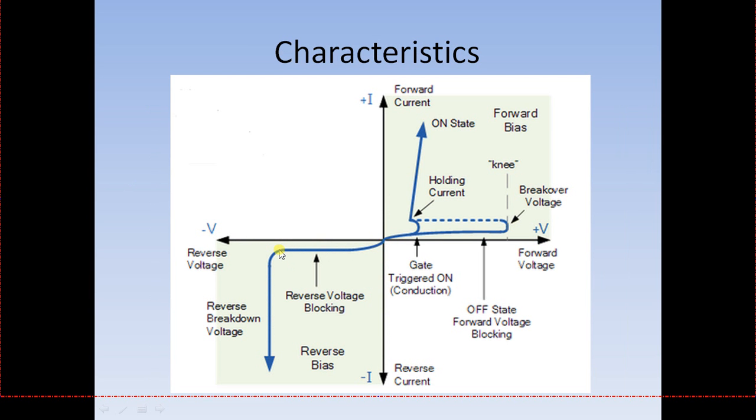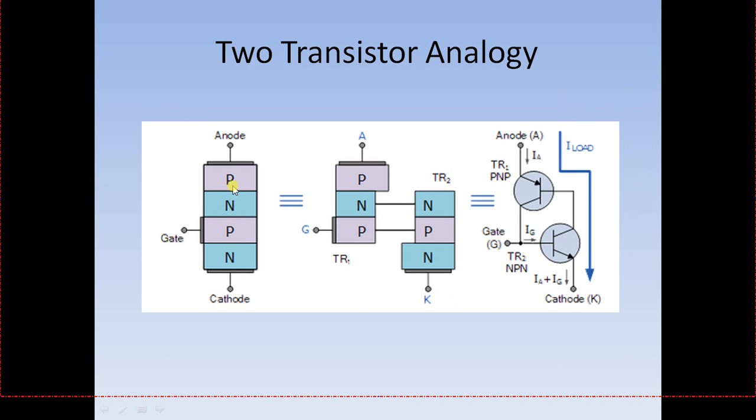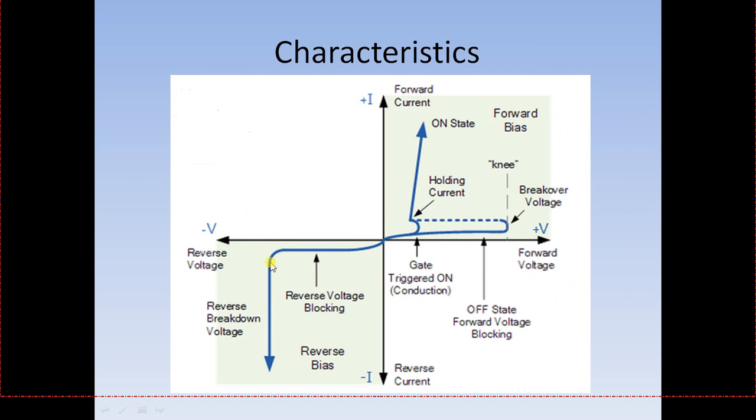Once a voltage level in the reverse direction is increased, or voltage becomes greater than that level, the junctions J1 and J2 undergo avalanche breakdown due to the highly energized minority carriers. This destroys the crystal structure and your device becomes useless.